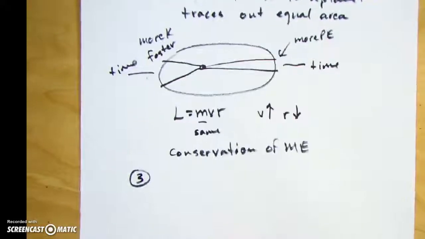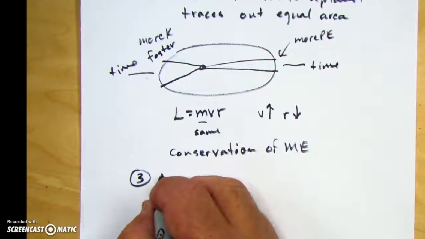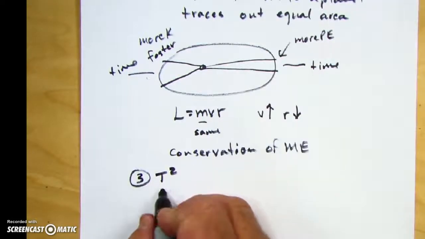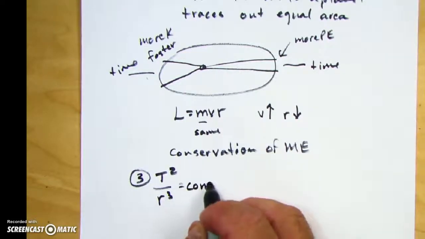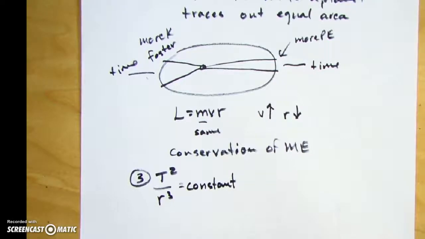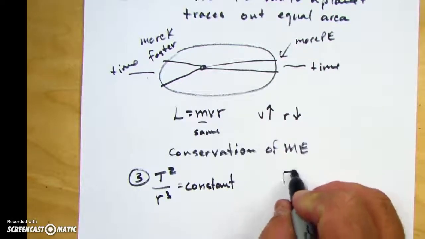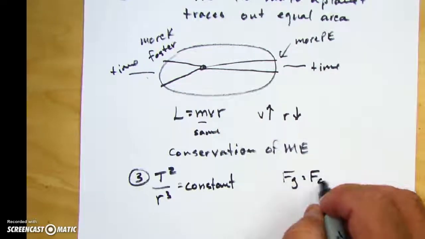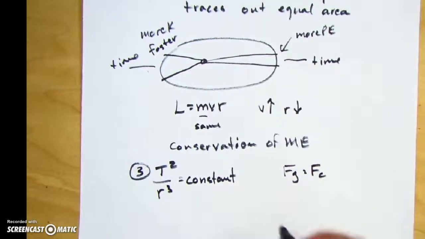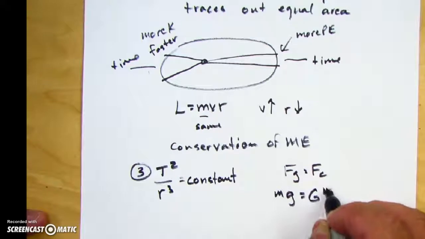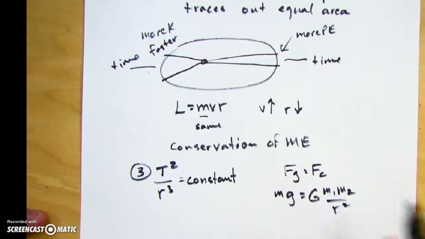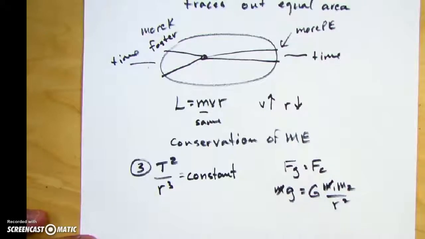Kepler's third law says that T squared, which is the time for one revolution, over r cubed, which is the average distance, is equal to a constant. Now, that per se might not be on there, but let's see where it comes from. I'm going to say that Fg is equal to Fc, like we've done before: G M1 M2 over r squared, and we cancel out the m's like we did before.